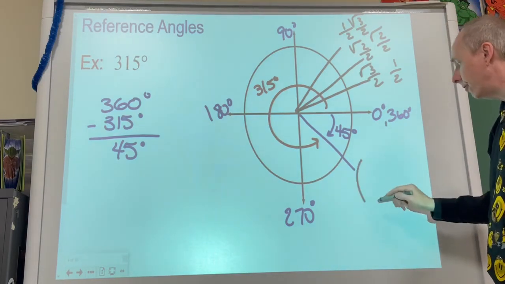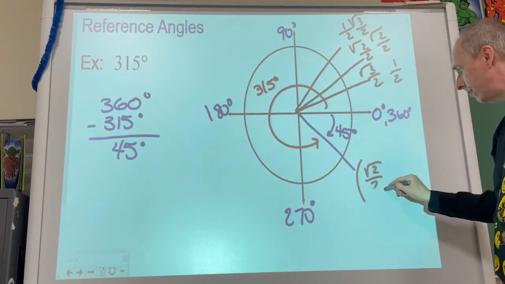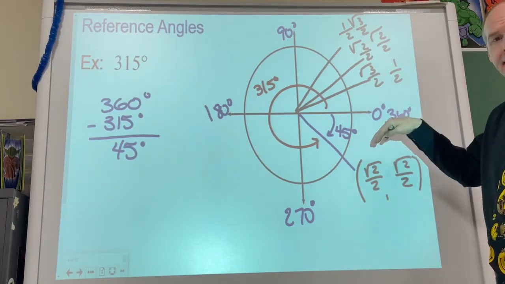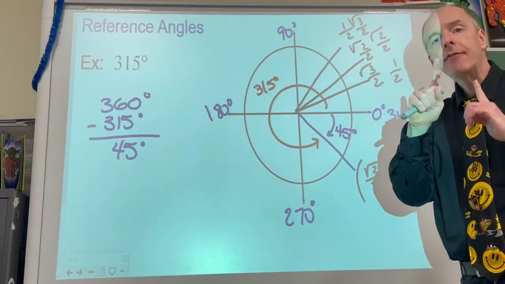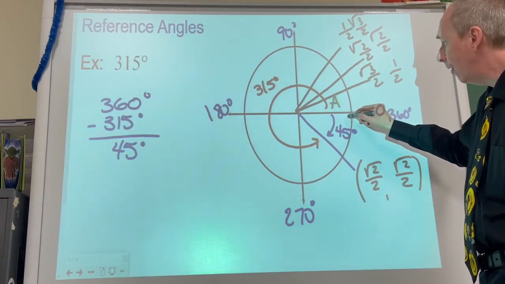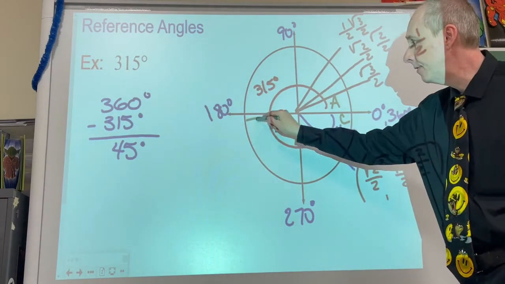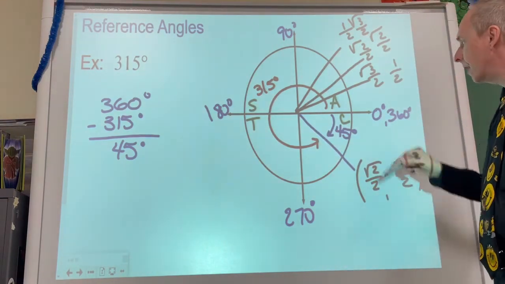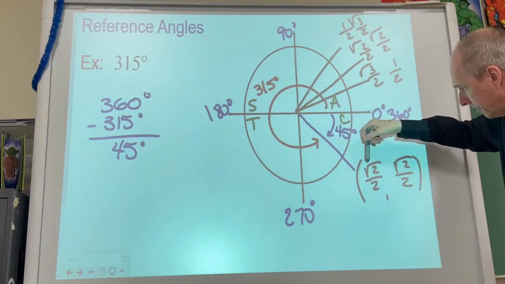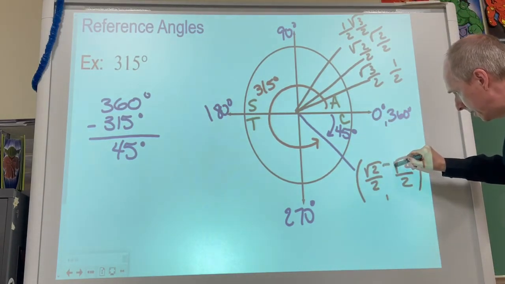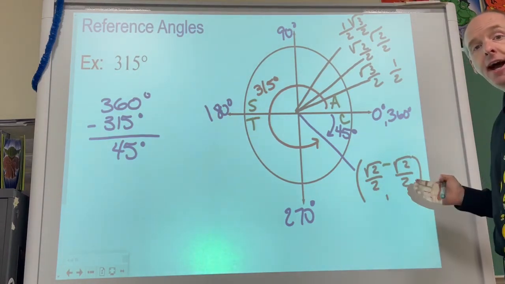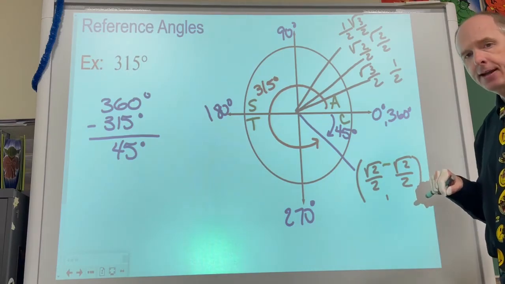That's the cosine and sine of 315. But we have to make sure we've got the correct signs, right? All are positive, only cosine's positive, tangent, sine. Only cosine is positive from here to here. So cosine is positive, sine is negative. Cosine of 315, radical 2 over 2. Sine of 315, negative radical 2 over 2.